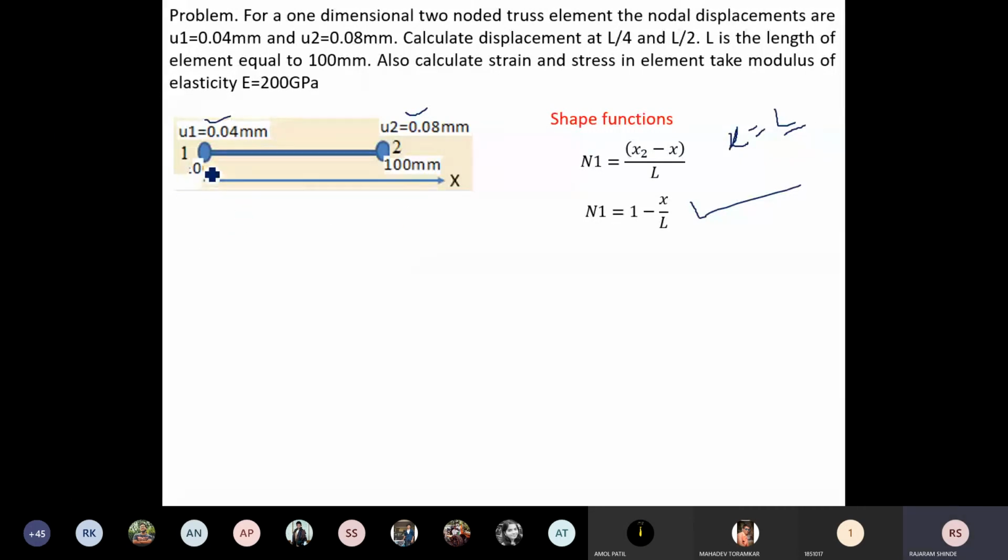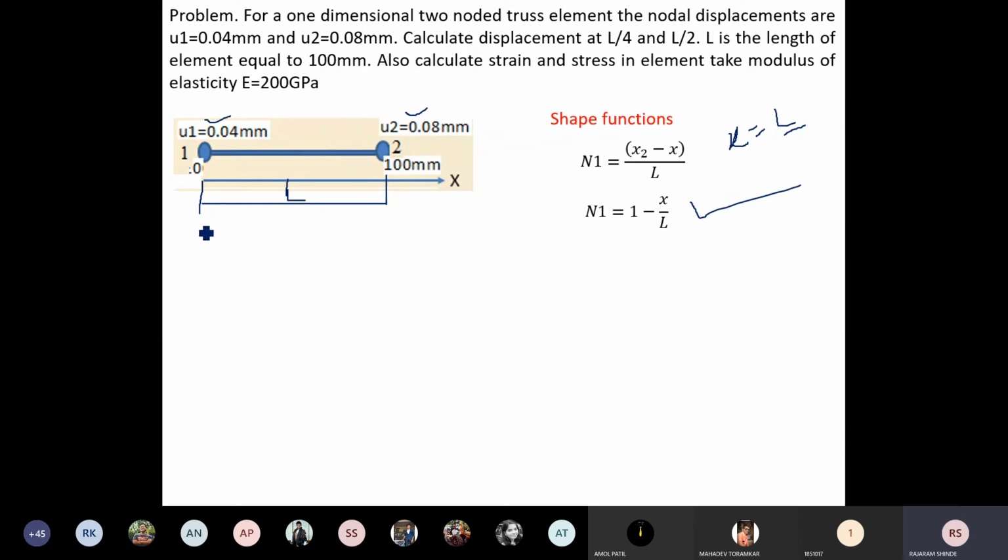Now see here, the first node we have taken at origin. So x2 is the length of the element, means from here to here this is the length of the element. Do you agree with this?